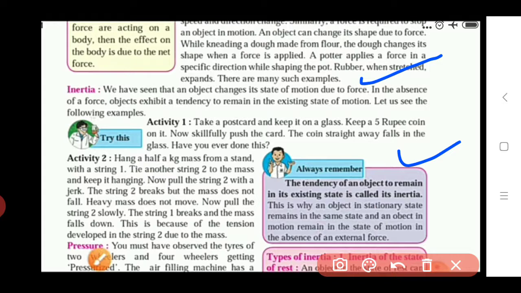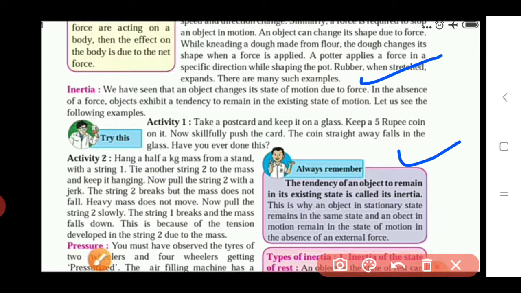So the ability of objects to remain in their existing state is called the inertia of that object. This is why an object in a stationary state remains in the same state, and an object in motion remains in the state of motion in the absence of an external force.